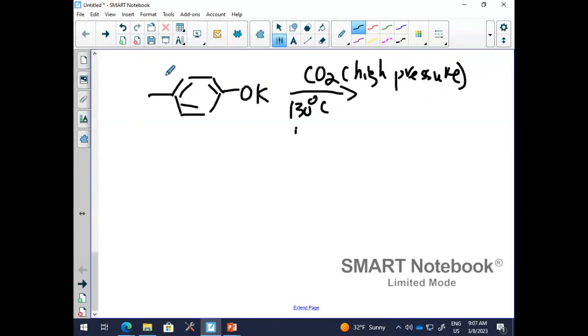Just this one, because high pressure, high temperature lead to thermodynamic equilibrium. So you can have the ring connect to the... oh, let's show. Just give you one example of mechanism.